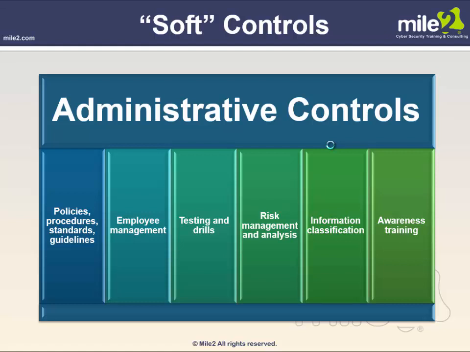Information classification needs to also be taken into account, and this basically goes into, how sensitive is the information, and are we giving it classifications such as internal or private use only? Are we giving it secret, top secret classifications, and so forth, right? Are we giving it labels and so forth? And of course, through the process of awareness training, which companies are starting to do more and more of, which is definitely great for stopping social engineering attacks.